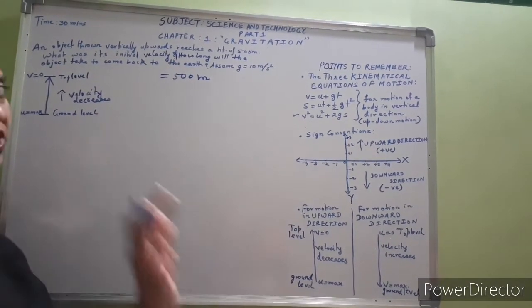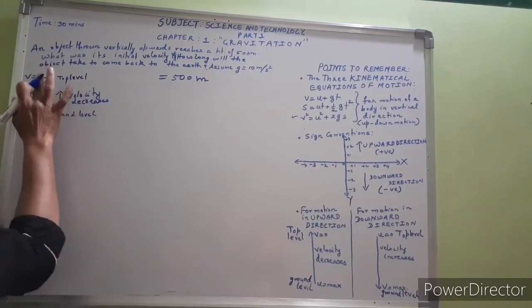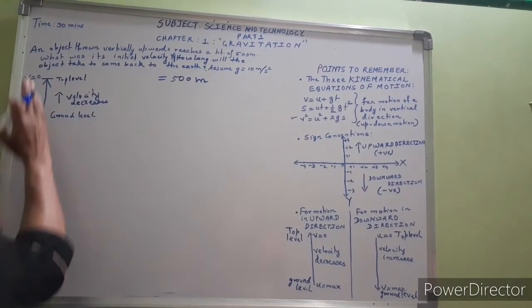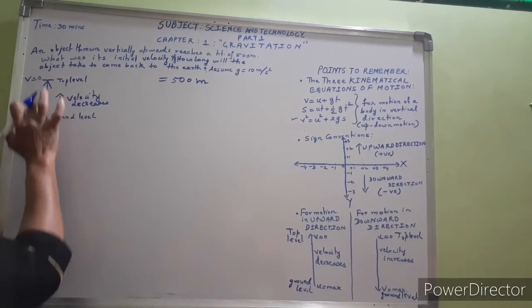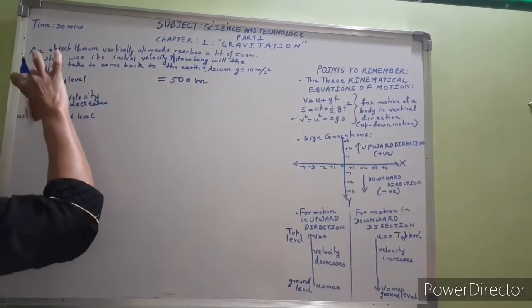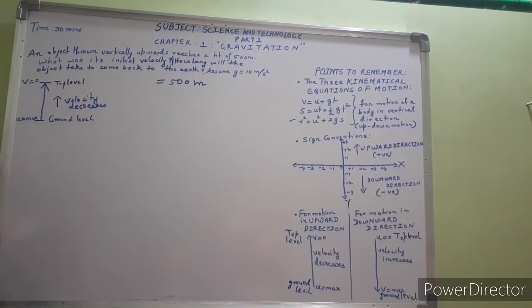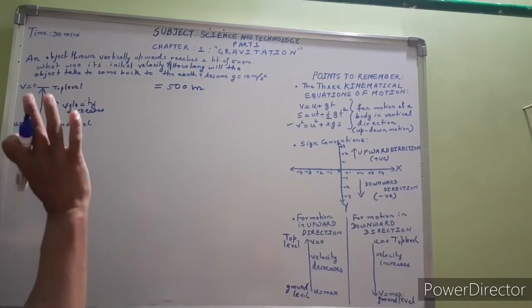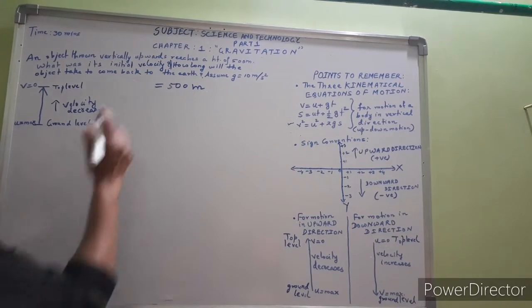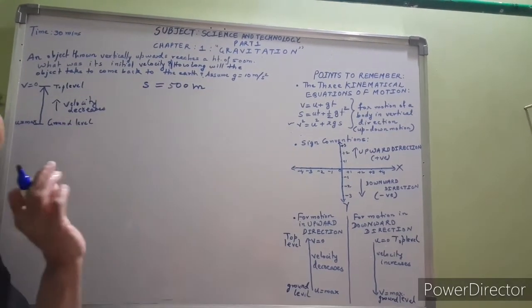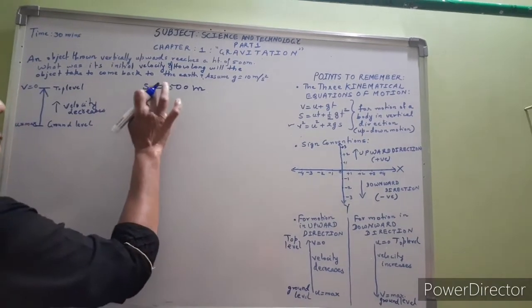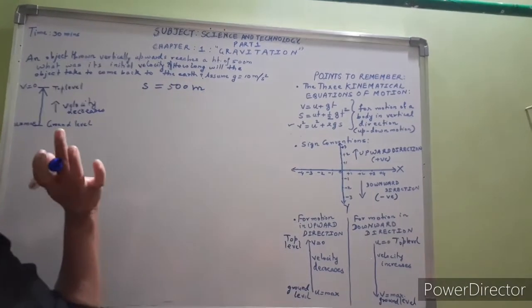This 500 meter is the length covered by the body in the upward direction, the total length from ground to top. What is this length in the upward direction? It is called displacement. So I will write s here. Displacement is denoted by s. So s is equal to 500 meter.